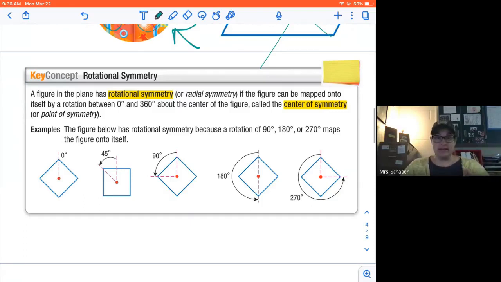Sometimes, like in this example, it's 45, 90, 135, and so on. So the center of rotation is your point of symmetry. That's going to be this dot right here, the center of it, how you spin it. Think of the spinner in a game, or think of a gas stove when you turn your knobs. Where is it centering on?